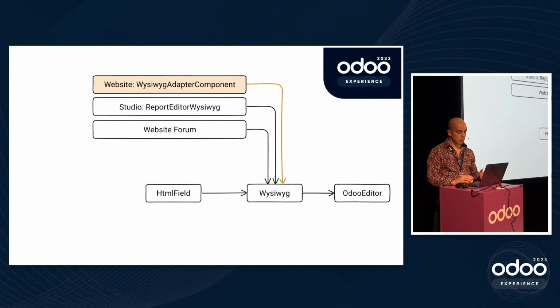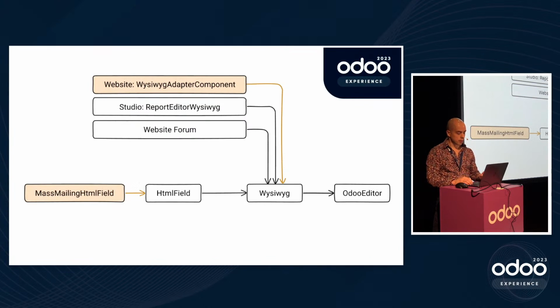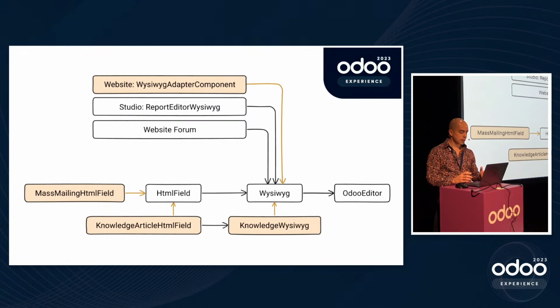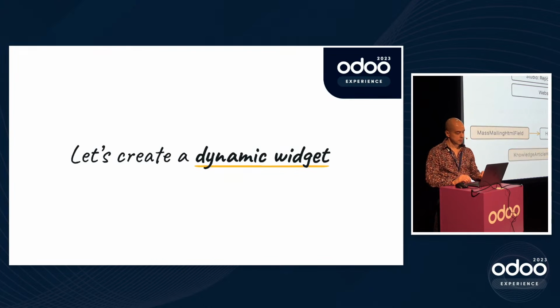And in website, we have an extension that also calls the WYSIWYG. For mass mailing, we have an extension of the HTML field. And finally, for knowledge, we have an extension of the HTML field and an extension of the WYSIWYG. So I'll show you this graph so you can see that the WYSIWYG and Odoo editor are the most important classes that you will need to investigate.